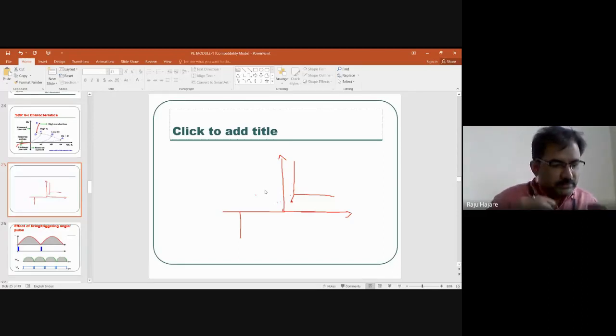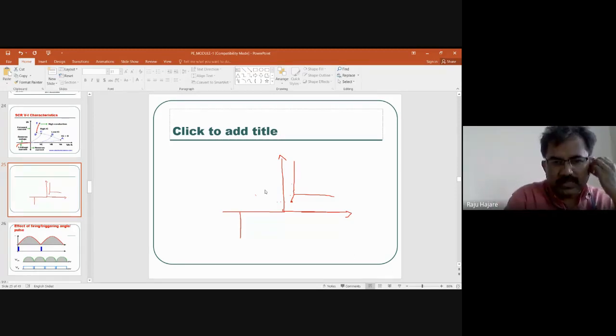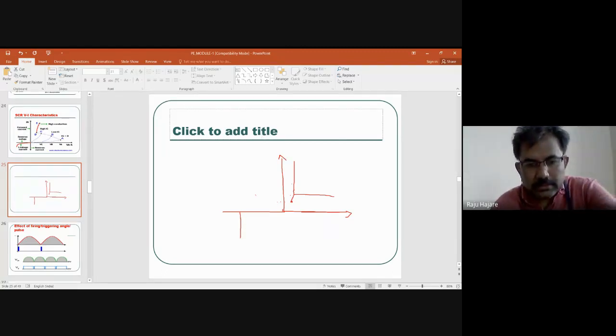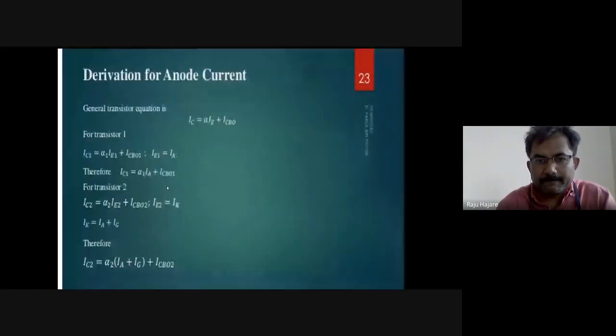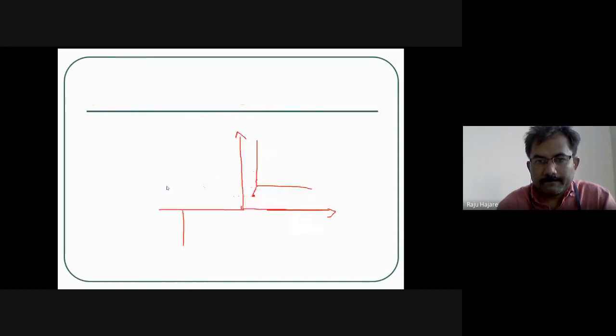So yes, I will try to draw the graph that I showed yesterday so that you can notice the change at that instant. Okay, so with the help of this slate, so this was our, sorry. Yes.